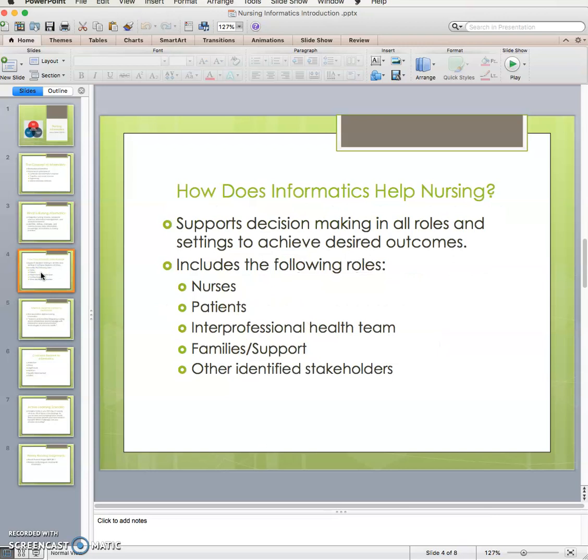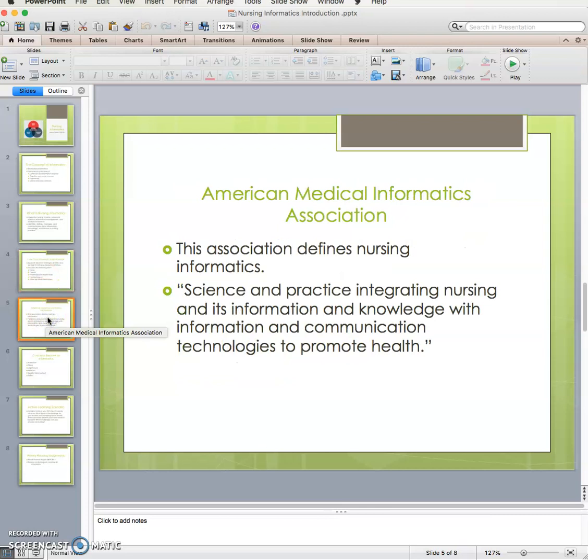The nursing section of the American Medical Informatics Association also has identified that nursing informatics is a specialty and has defined that scope of practice as a science that integrates nursing, its information and knowledge, with information and communication technologies that promote the health of people, families, and communities worldwide.